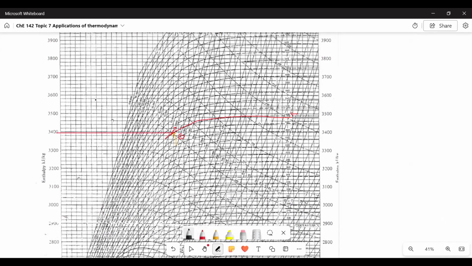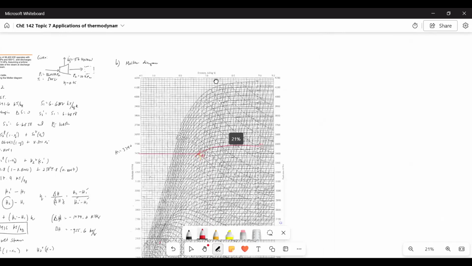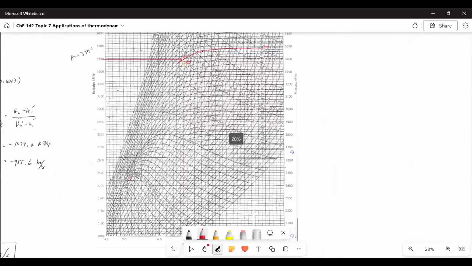H1 is 3390 kilojoules per kilogram. And then for the initial entropy, we use a straight line downwards from that point, this point right here. So let me draw a straight line.